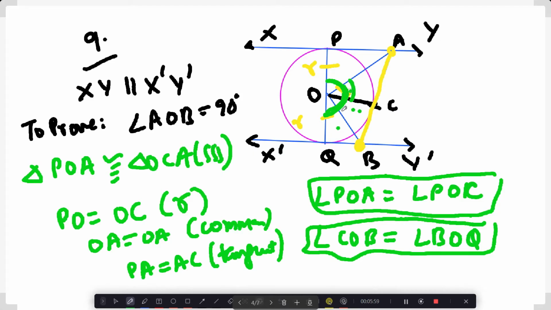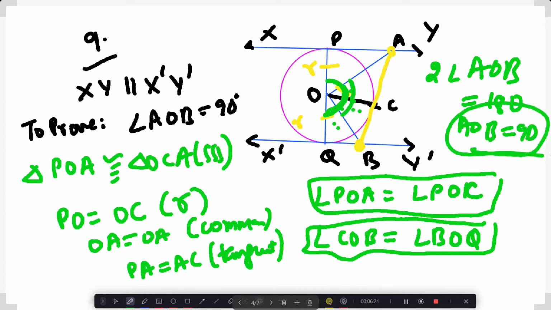This angle plus this angle plus this angle plus this angle. This and this angle are equal, and these two angles are equal. So net it is twice angle AOB, so twice angle AOB is equal to 180. So angle AOB is equal to 90. Hence proved.